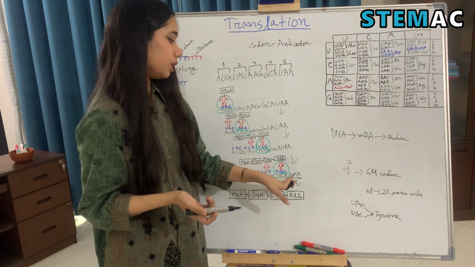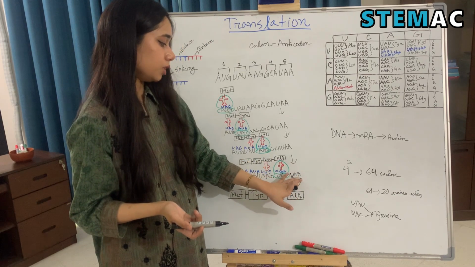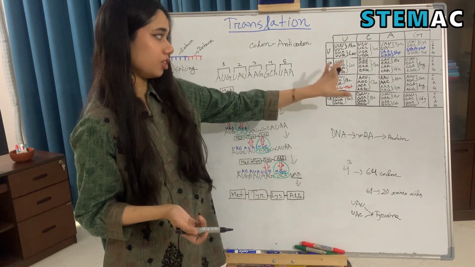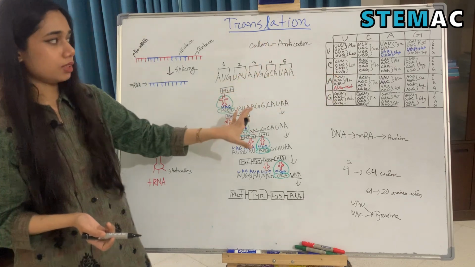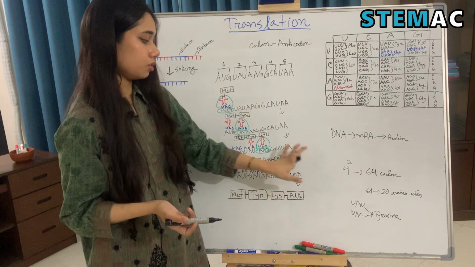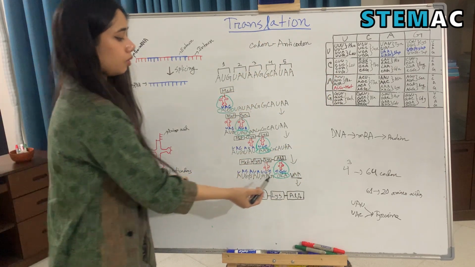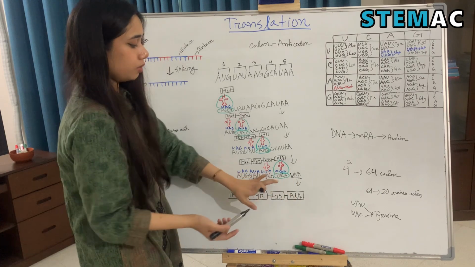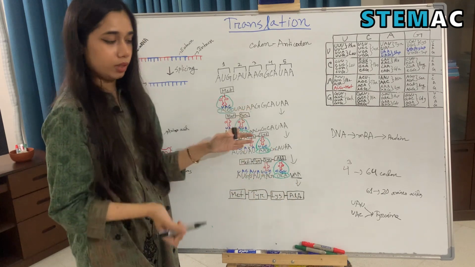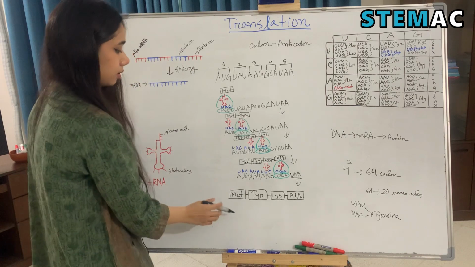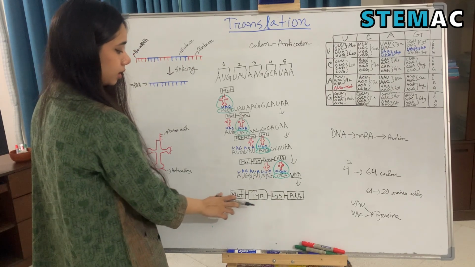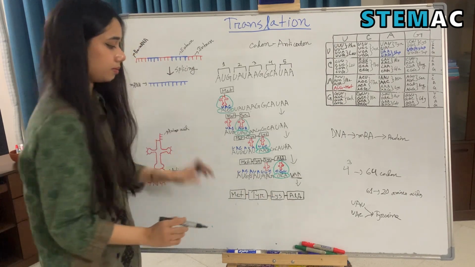When they reach the stop codon, which is either UAA, UAG or UGA, any of these 3 will give the signal to stop the process. At this codon, the ribosomal units will release, the tRNA will also be released, and at the end we get this amino acid chain, methionine, tyrosine, lysine and alanine.